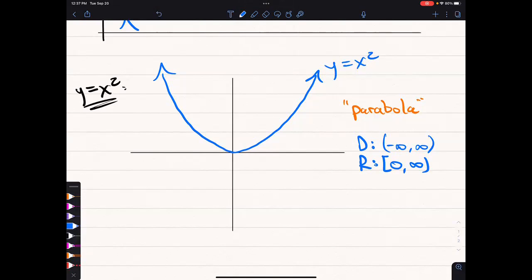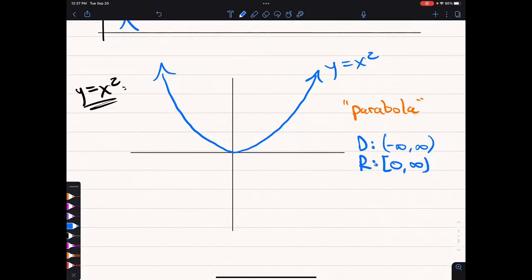The domain's always going to work the same way. They're nice, they're friendly, they're defined everywhere, they're continuous everywhere. We don't have to worry about that so much right now. Range is always going to be some kind of, I'm doing air quotes, half infinite thing, where it's either from here up to positive infinity, or if it opened the other way, then from negative infinity up to some sort of cap, right? So it's always a half infinite thing like that.